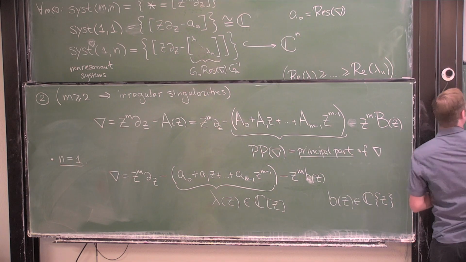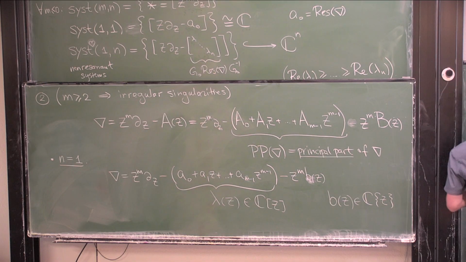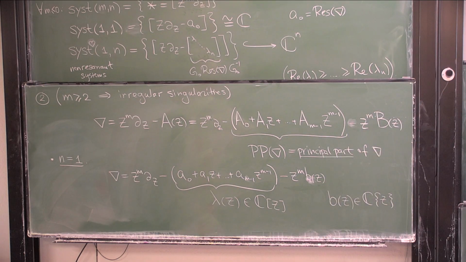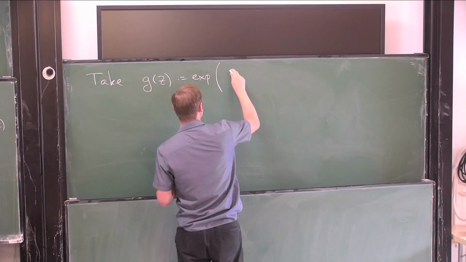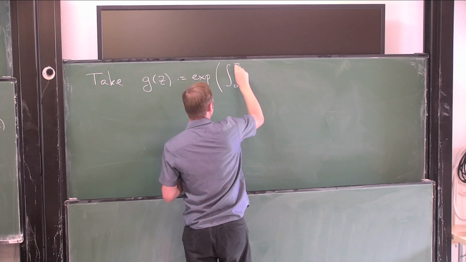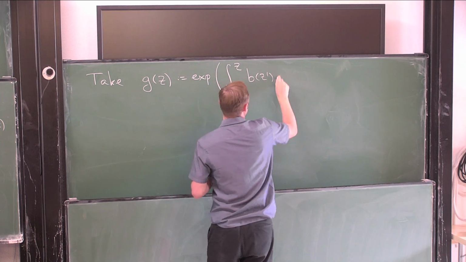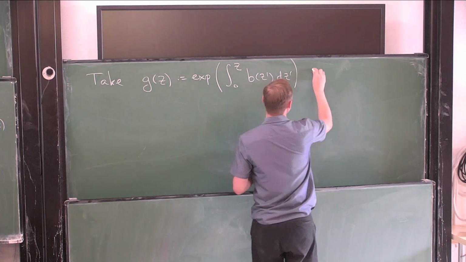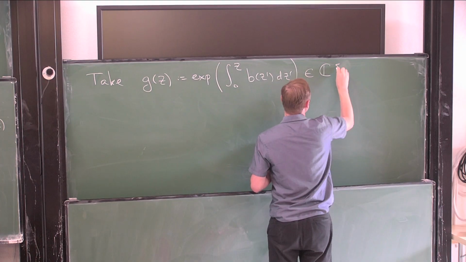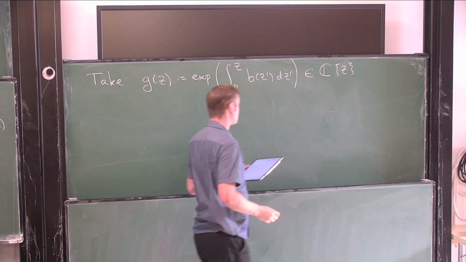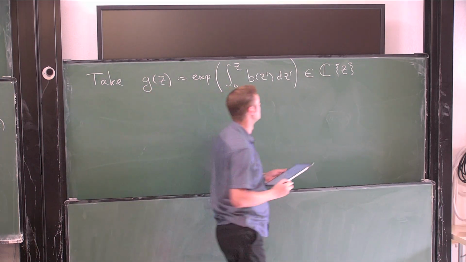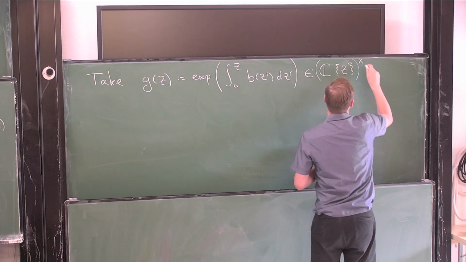So let me define a gauge transformation. If I integrate B and exponentiate it, then first of all, I'm guaranteed that this is a convergent power series, and moreover, it's a convergent power series with leading term literally equal to 1, so it's an invertible convergent power series.